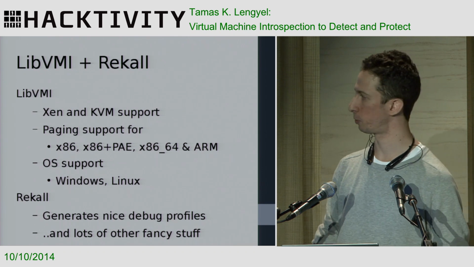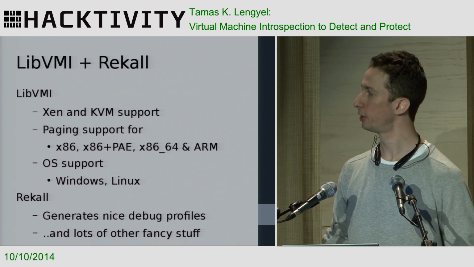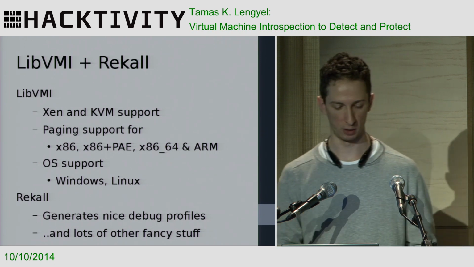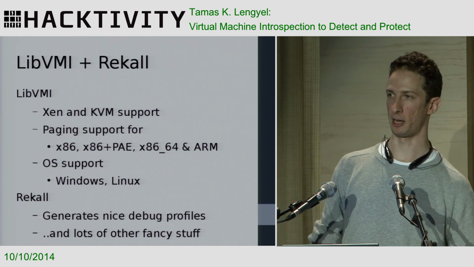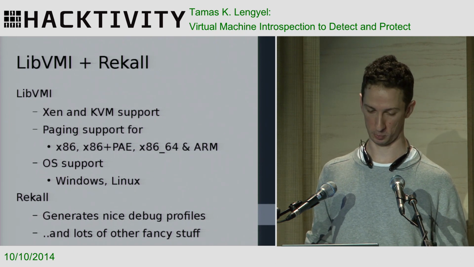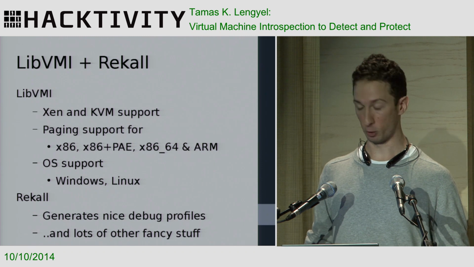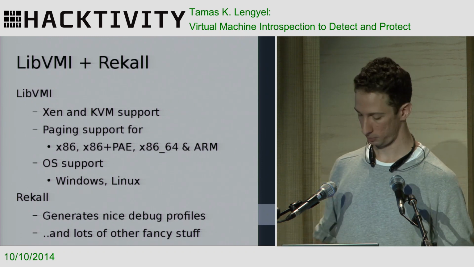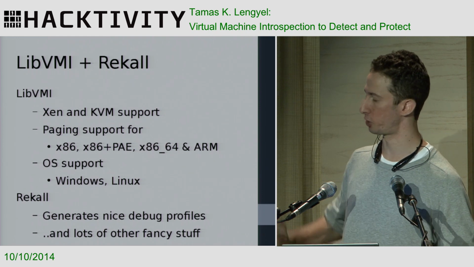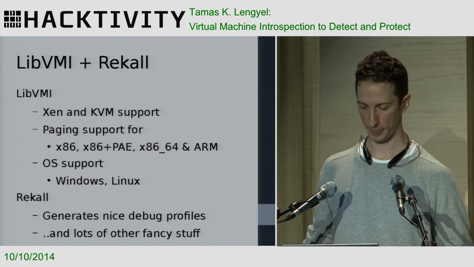It's a pretty recent one, but a very nice framework, which generates really nice debug profiles for both Windows and Linux, which simplifies our life a lot because Google gives support for it, and we don't have to. It's a forensics framework, so it does a lot more than that, but this is what we really care about for now.